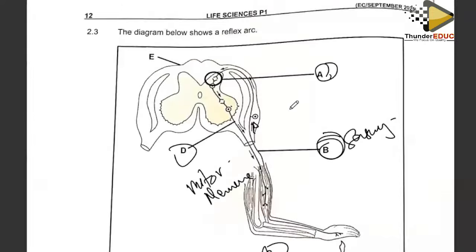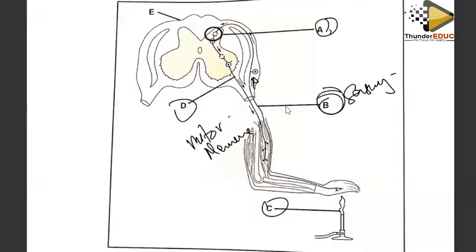First of all, we see that the sensory neuron, check the sensory neuron, the cell body is along here, the cell body is at the terminal, you see. And then you can see that the sensory neuron enters the spinal cord via the what?